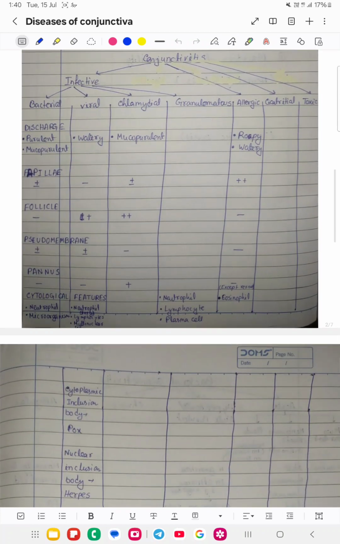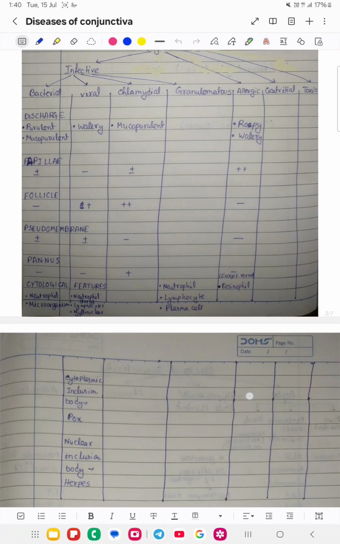In case of granulomatous conjunctivitis, neutrophils, lymphocytes and plasma cells are present. And in case of allergic conjunctivitis, eosinophils are present. As it is a hypersensitivity reaction, eosinophils have to be present.